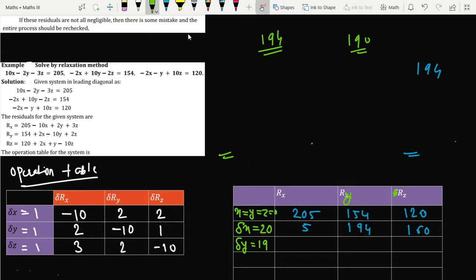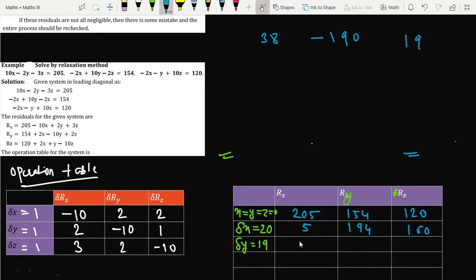Okay, so what we have to do now is just use this delta y, and delta y means this is the second row. So multiply all the numbers by 19. So the first number is 38, the second number is minus 190, and the third number is 19. And add these numbers to the corresponding numbers.